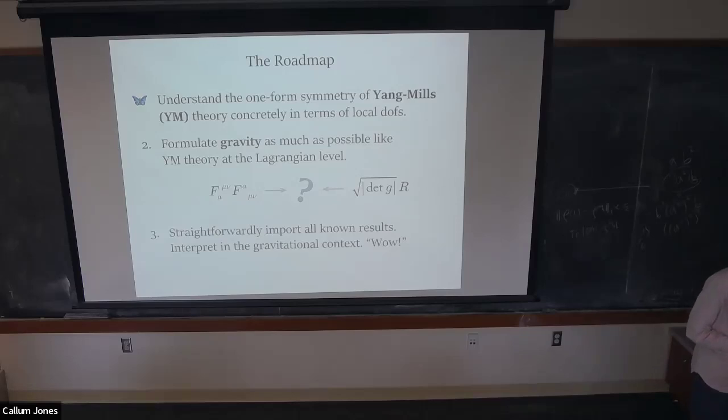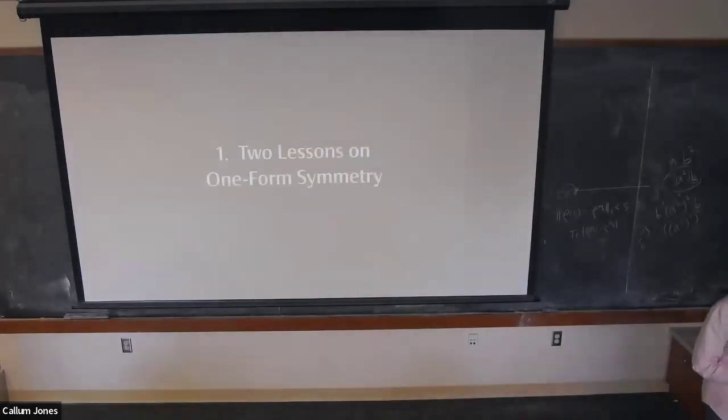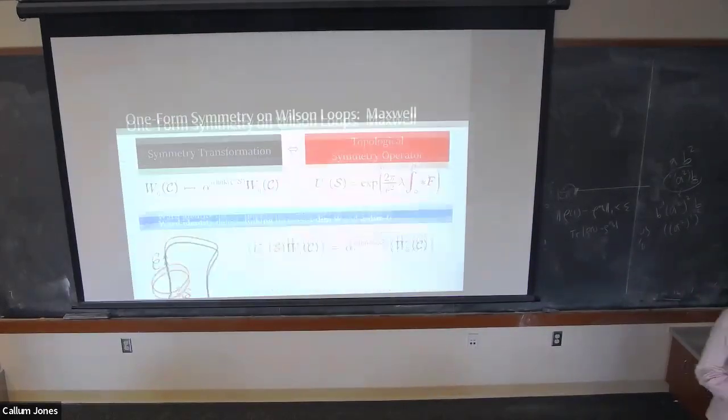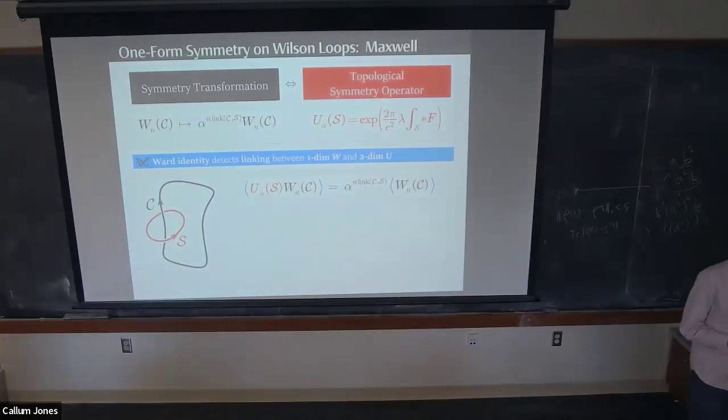So let me start with the first topic, which is the one-form symmetry of Yang-Mills theory. Namely, I will point out two lessons from this discussion. First of all, let me start with discussing the abelian case, which is just the Maxwell theory.